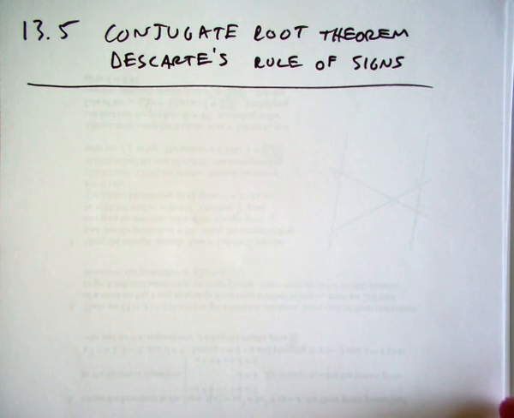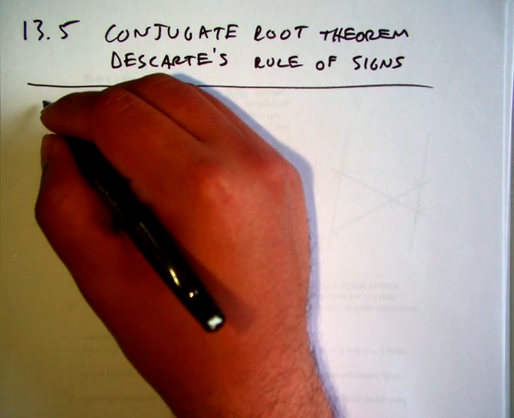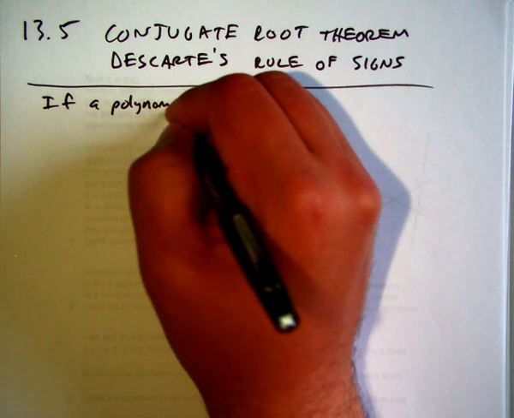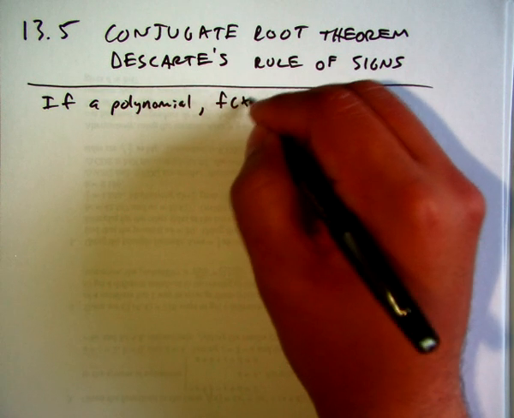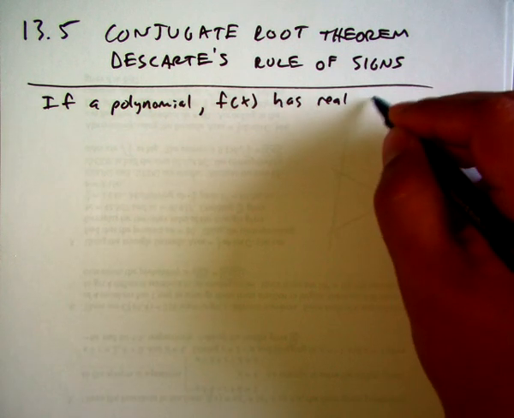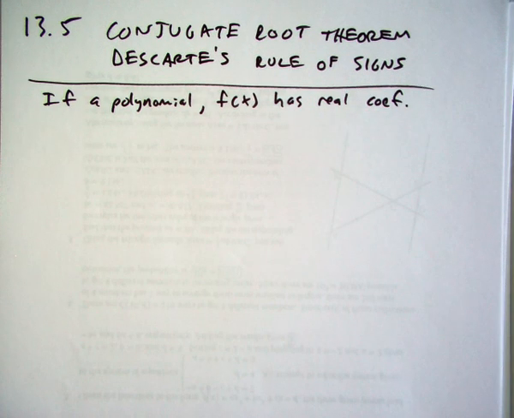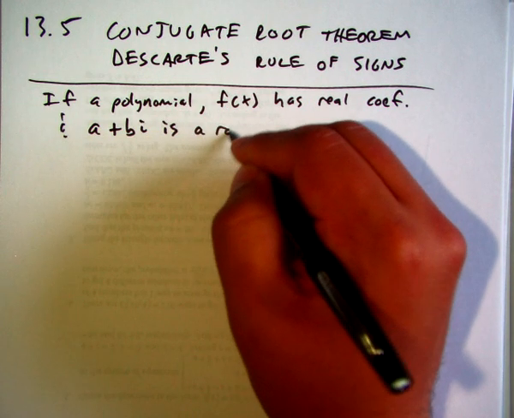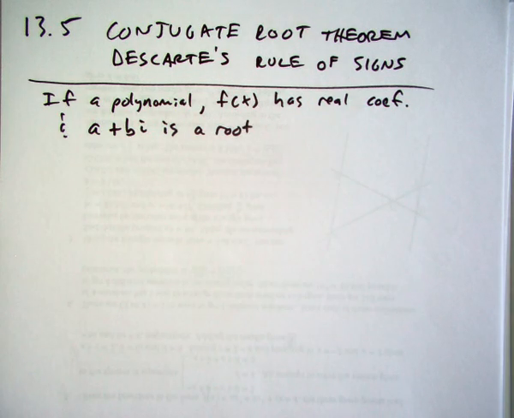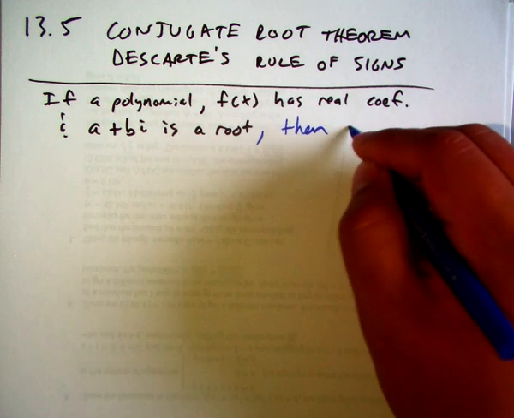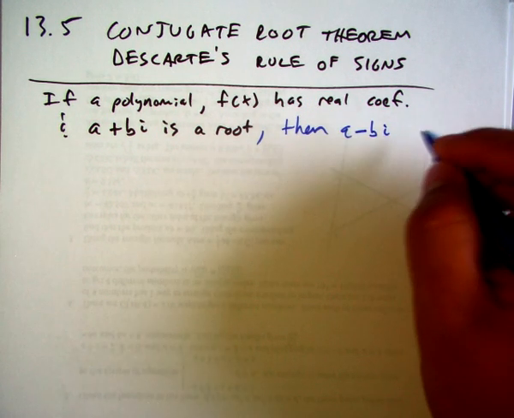Conjugate root theorem. If a polynomial f of x has real coefficients and a plus bi is a root, you guessed it, then a minus bi, its conjugate, is also a root.